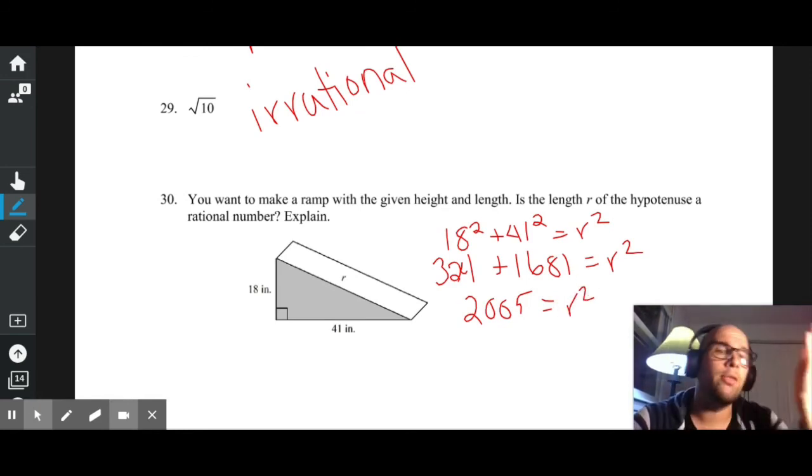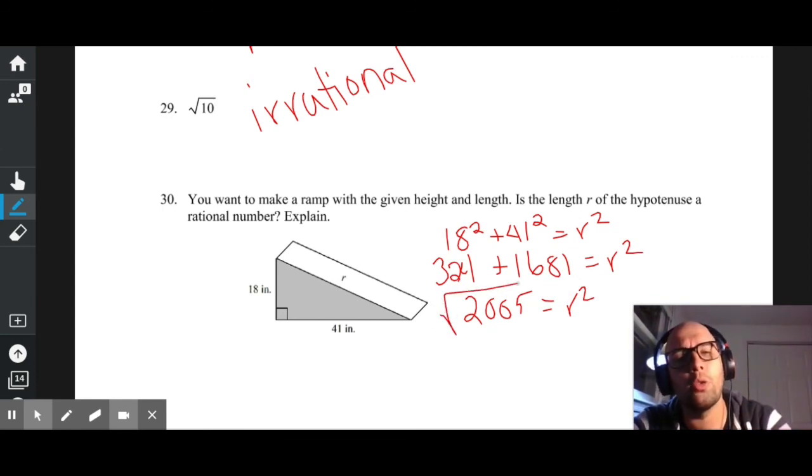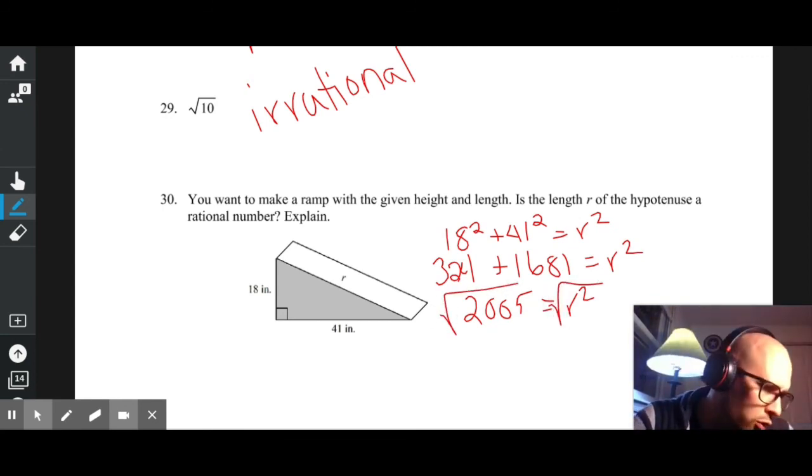Is r all by itself? No. What's in the way? Squared. How do I get rid of squared? Square root. I get a messy number. I don't care what my answer is. All I care about is if the answer is a rational or irrational number. Well, in this case, it's 44.777226355, blah, blah, blah.